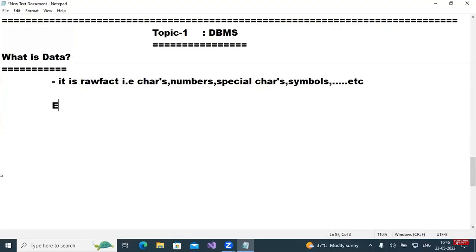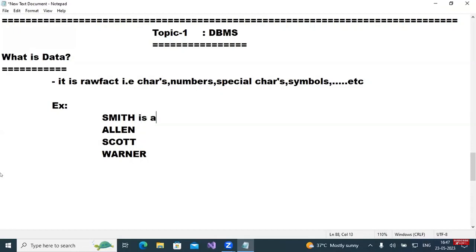Now I'm going to give some names. I'm writing Smith, Allen, Scott, Warner. These are some names I wrote in my text file. Whatever names you write, these are exactly data, not information.